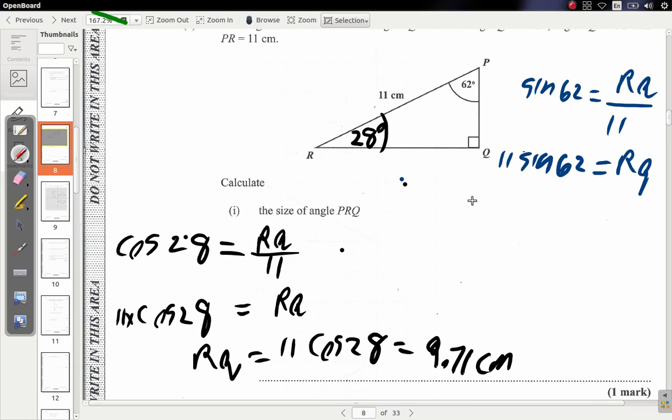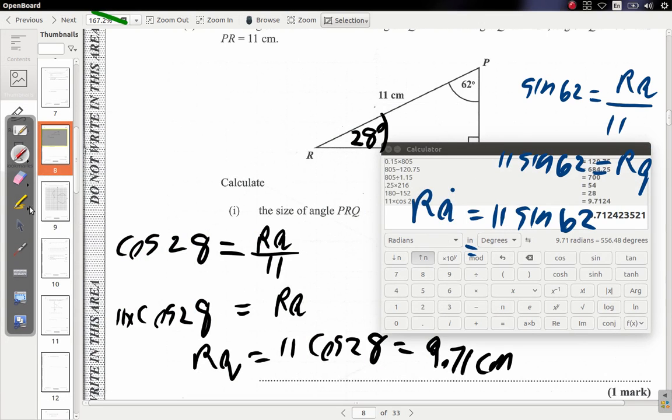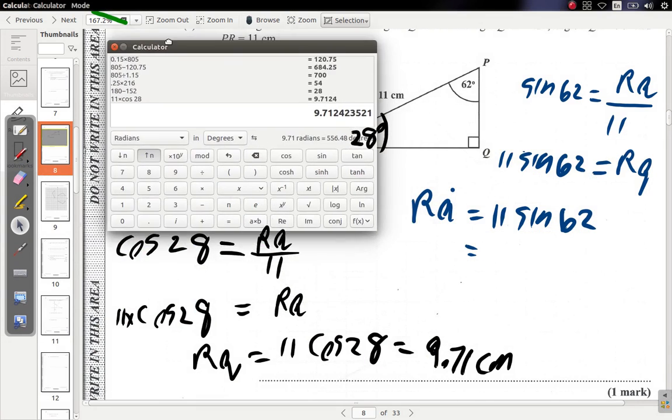So that's all now. RQ equals 11 sine 62. Let us find 11 multiplied by sine 62 and see what that will give. Alright, we'll put the calculator over here.